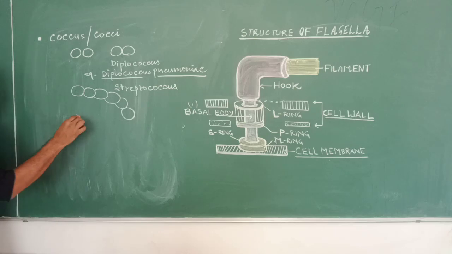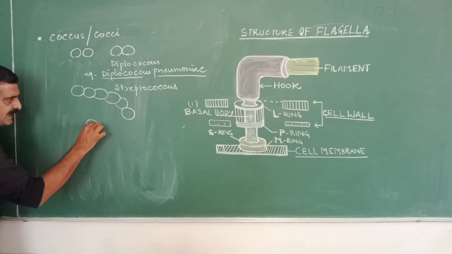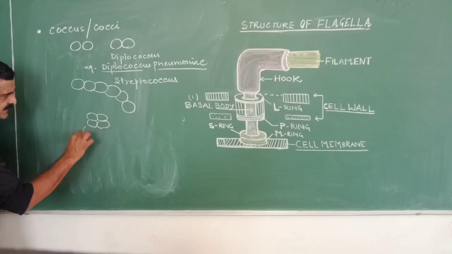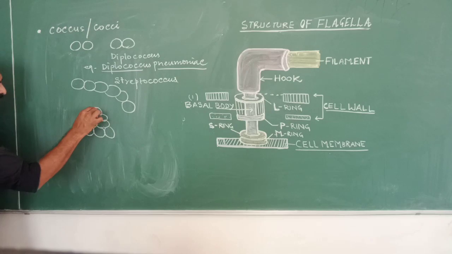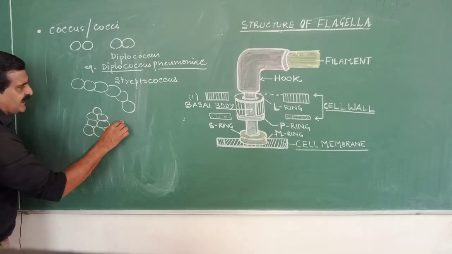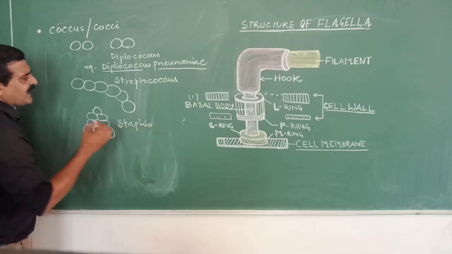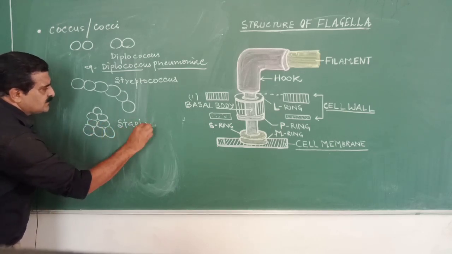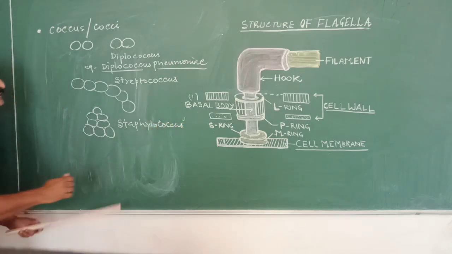Now when these are arranged in cluster and appear like a bunch of grapes, they are known as staphylococcus. So coccus are in various forms.